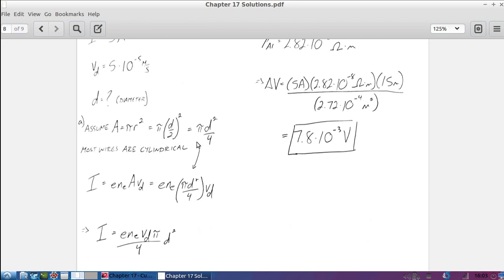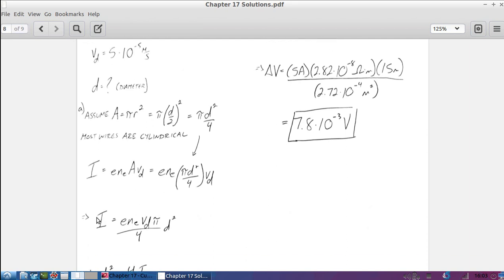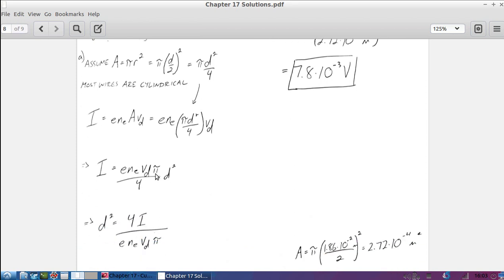Okay, so if I substitute this expression in for the cross-sectional area of the wire, I now have an equation in terms of the diameter. So I substitute pi d squared over 4 in for the area. I know everything else, and now I can solve for the diameter. I've got some constants, pi and 4, and some values that I know: drift velocity, charge density, lowercase e.